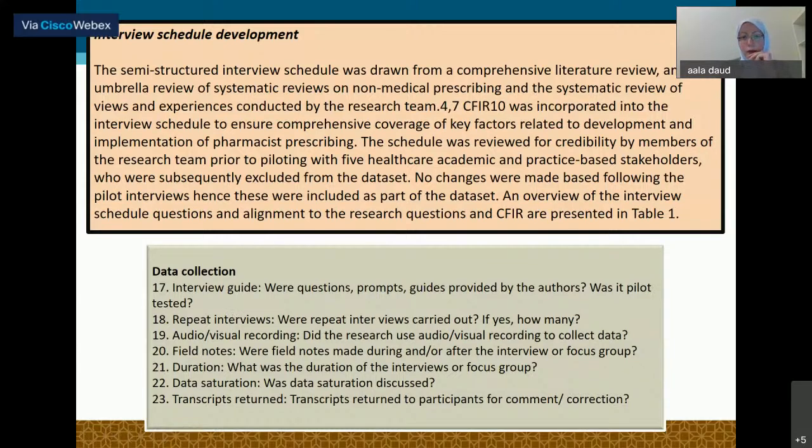So saturation was discussed. So is everyone happy with this paragraph? Shall I move on? Okay, thank you.